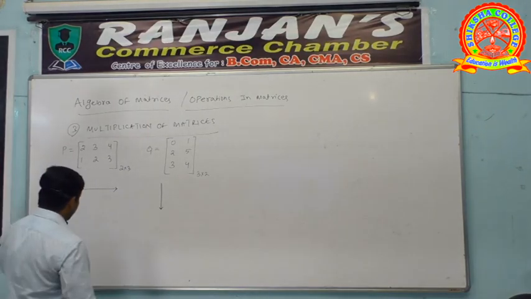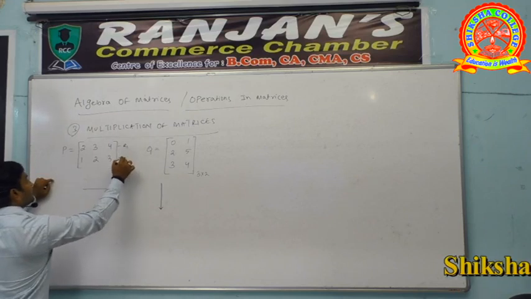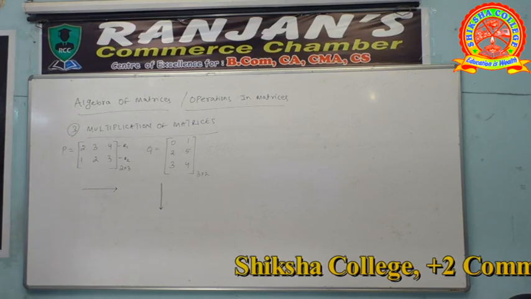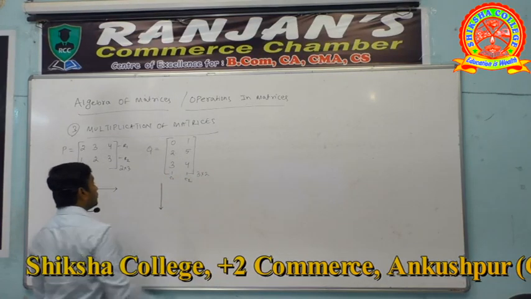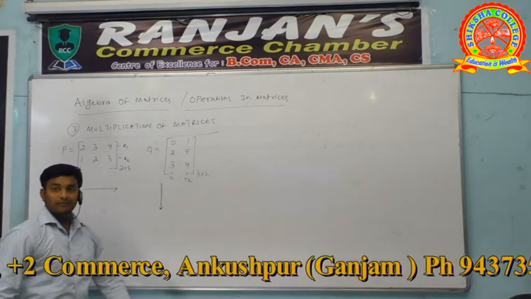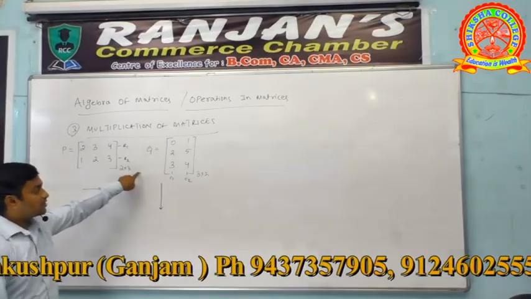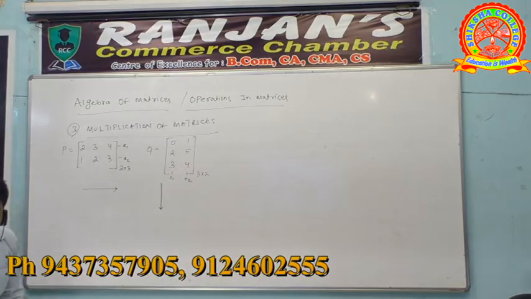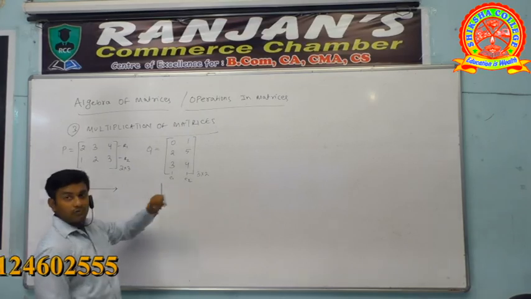So what does it mean? Here we have row 1, row 2, and column 1, column 2. The condition is that the columns must be equal to the rows. So how do we make the multiplication? See, row 1, row 2, column 1, column 2.